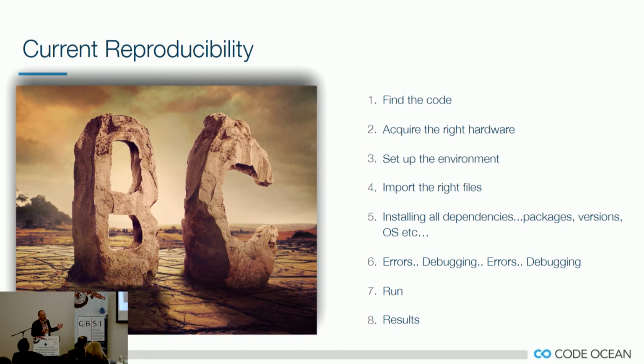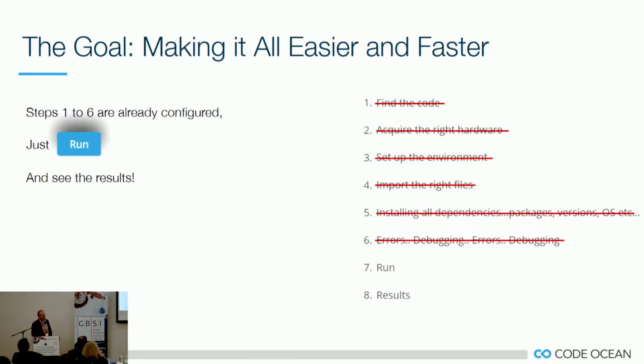Sometimes it's not really successful. It's a real pain. So at Code Ocean, we want to eliminate all those steps and just have this magical run button so that every researcher who reads the article and wants to use the code will be able to just run it, not install it.